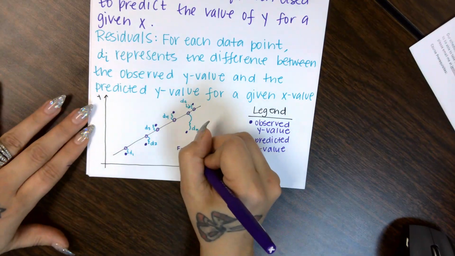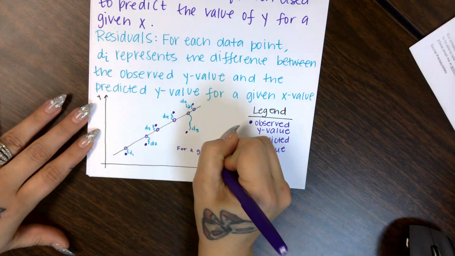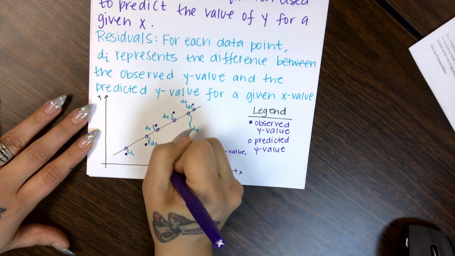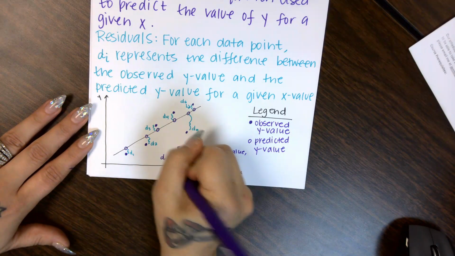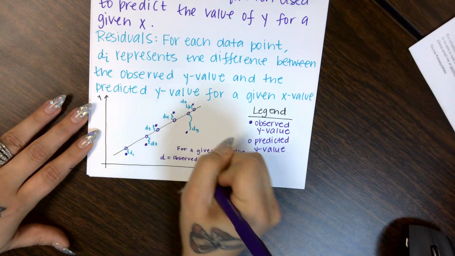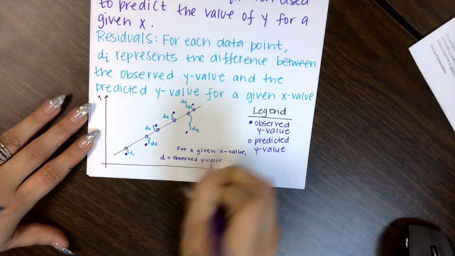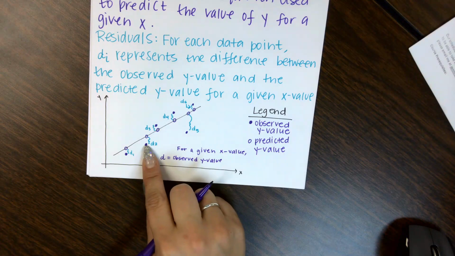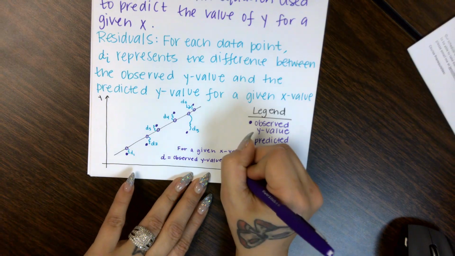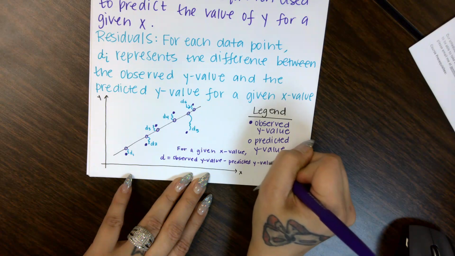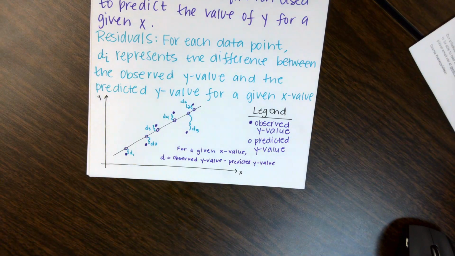For a given X value, the way we would solve for our d, which is the distance, you take the observed y value, which would be, say, this d sub 2, whatever value is here, and then you subtract the predicted y value. Okay, so you just make sure you have that note on there, y'all, that the residuals can be positive, negative, or 0.